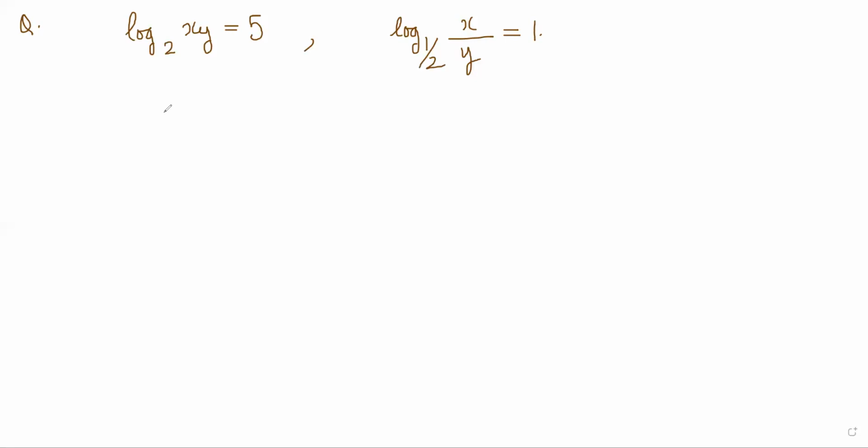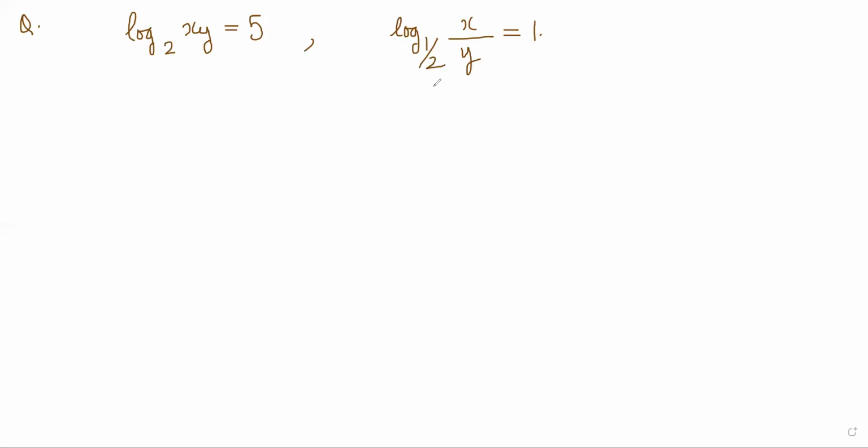But the only thing I can get for now is log 2x plus log 2y is equal to 5, and log 1/2 x minus log 1/2 y is equal to 1. So ideally, you should convert that 1/2 one also into log base 2, right? Can you change the base and make the second log into log base 2?